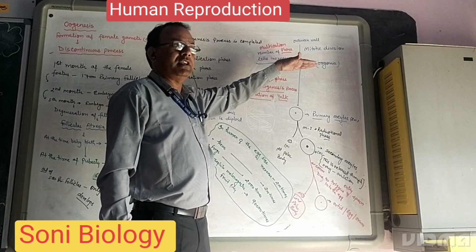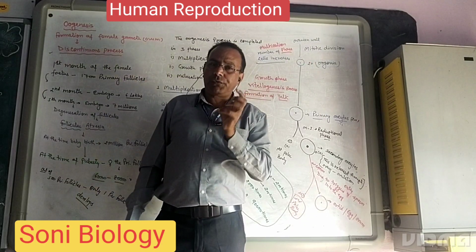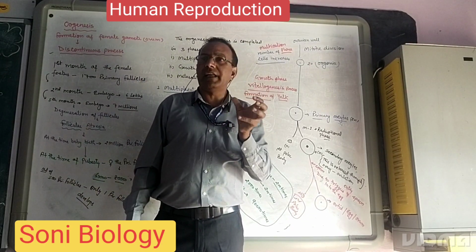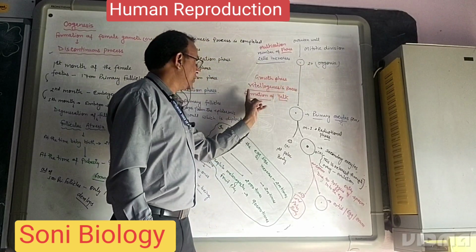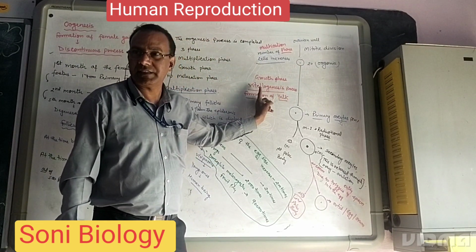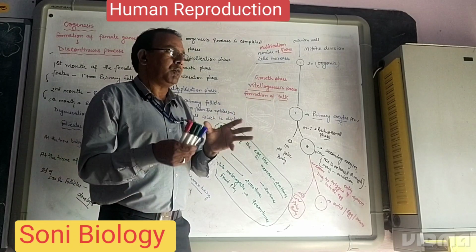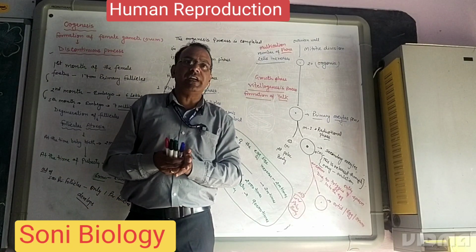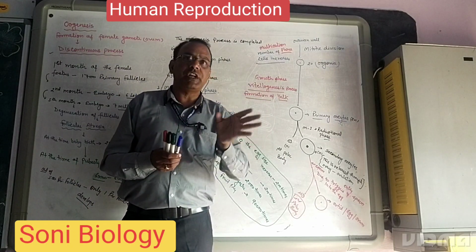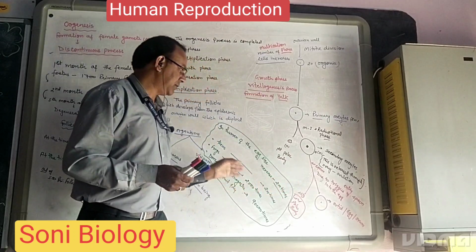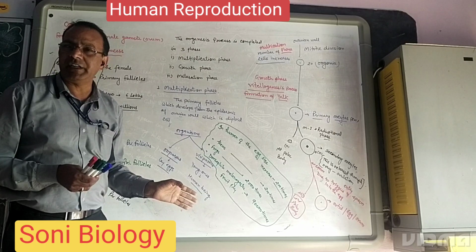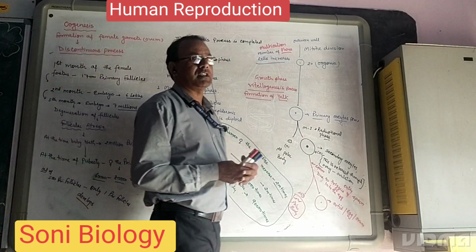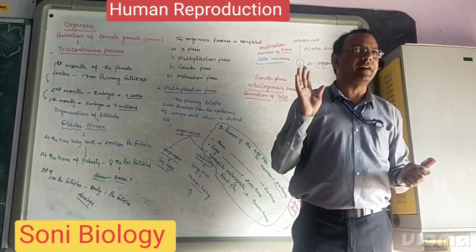After the multiplication phase, the formation of yolk inside the oogonia takes place, and that process is known as vitellogenesis. The amount of yolk produced inside the cell depends on the requirement of nutrition. If the animals are viviparous, less yolk is formed because most nutritional substances are provided by the placenta.